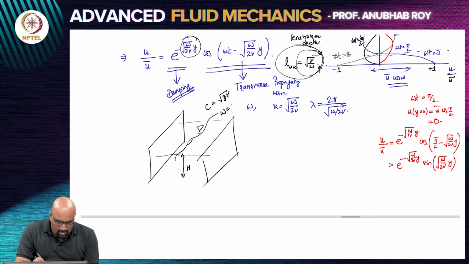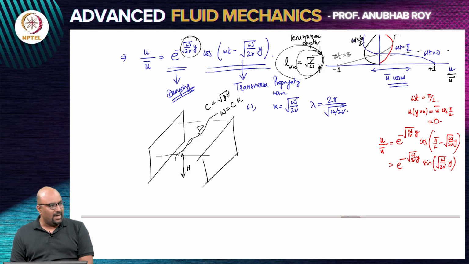So, if the wave number is k, then you can find out the frequency given the wave speed. But what I am trying to say here is, based on what we have done, if you want to find out how much viscous effects play a role, say I am trying to study propagation of waves in a fluid.